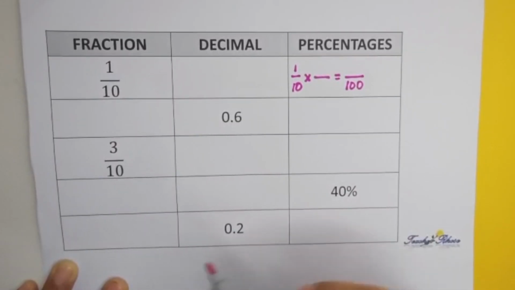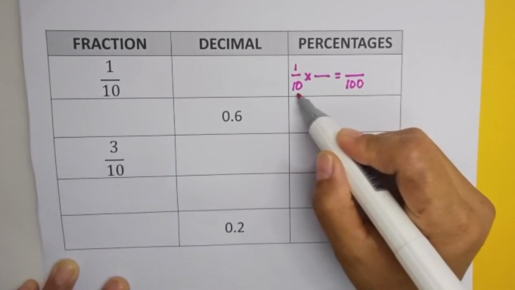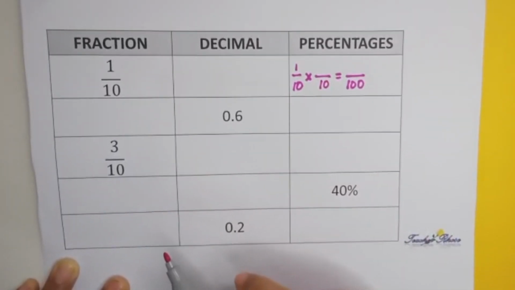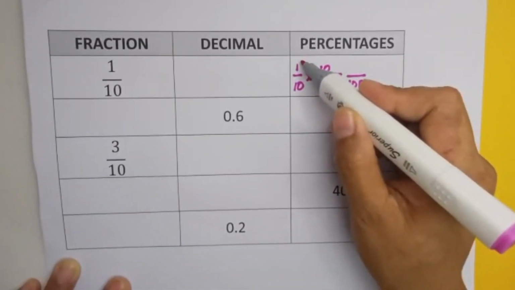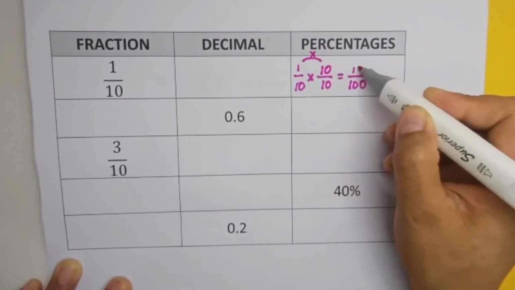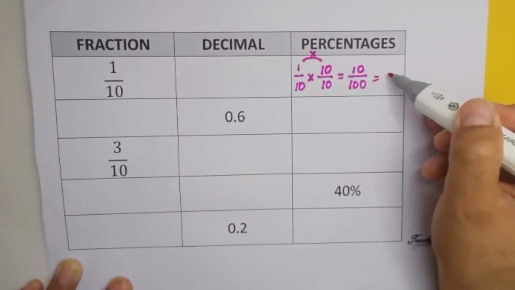Next step, I will divide 100 by 10. That will give you 10. So my numerator in here is also 10. Next step, I'll multiply this. 1 times 10 gives you 10. Therefore, this is 10%.